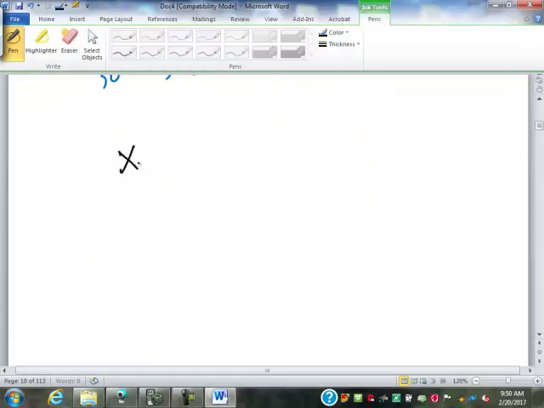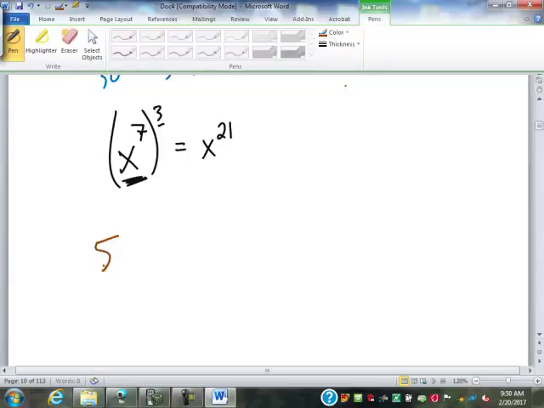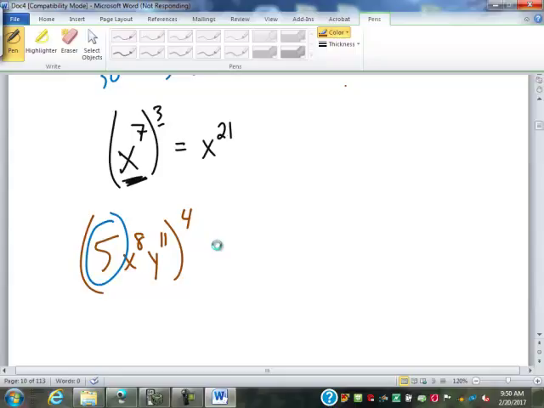We've looked at things like this. How do we combine the powers when we do that? Multiply the powers, yes. 7 times 3 is 21. When we have an exponent raised to another power, or an exponent within an exponent, we multiply the powers. When we had numbers and multiple variables, we separated each of them out. Remember, the coefficient actually has to go to the power.